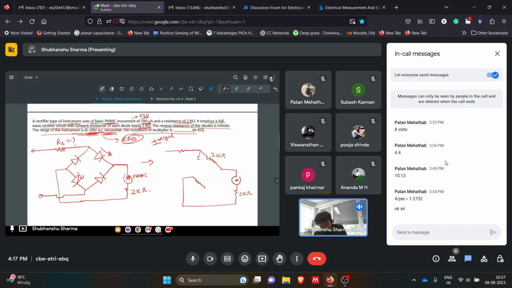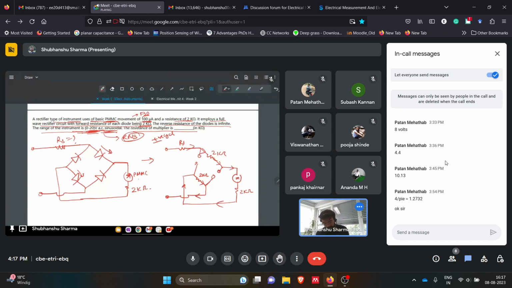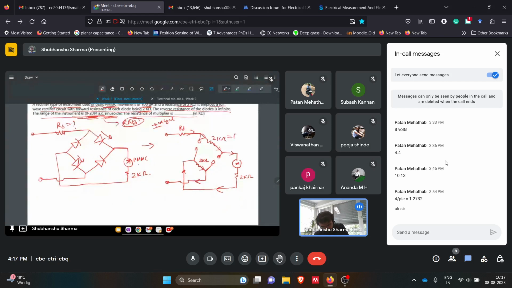These two branches are open. This is 2 kilo ohms, this is RS, and the signal exits from this side. So let's say this is RD, this is also RD, and this is RC.